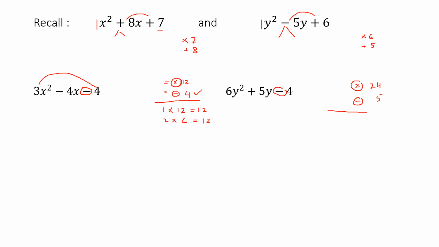In this case, 24, so one case is 1 and 24. If we divide by 2, so 2 times 12 is 24. This is also divisible by 3, so 3 times 8 is 24. If we subtract these two, we get this, and if we subtract 2 and 6, we get this.